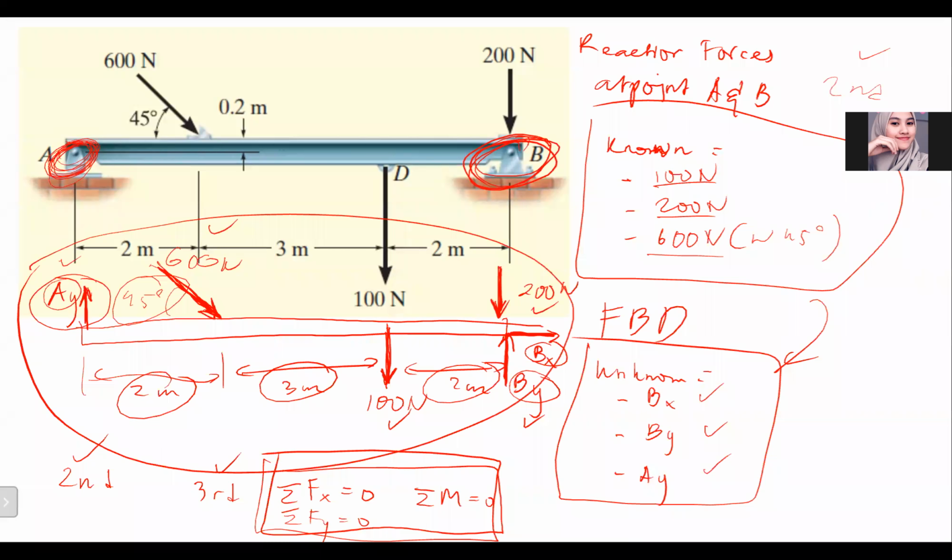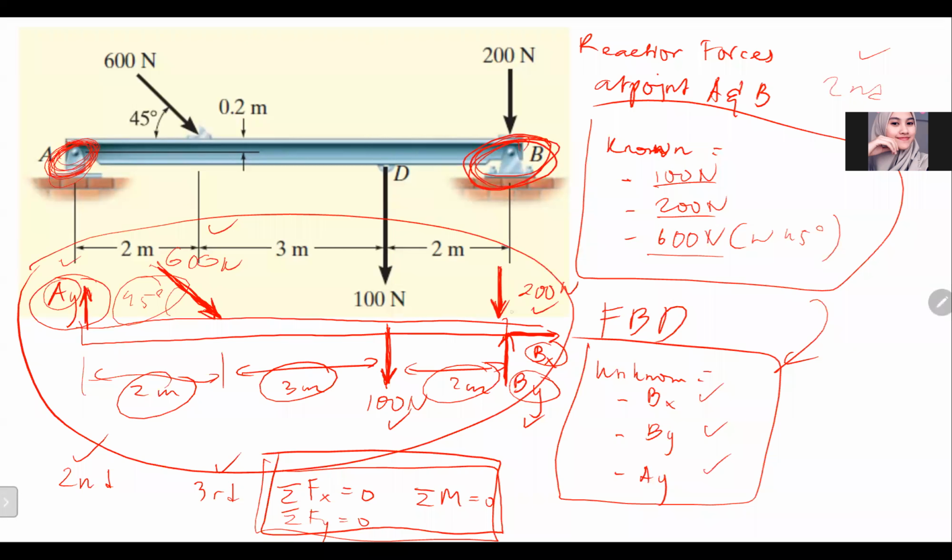Whenever we choose a reference, actually you can choose it anywhere you want, guys. But the best reference point is the point where you can delete more unknowns.